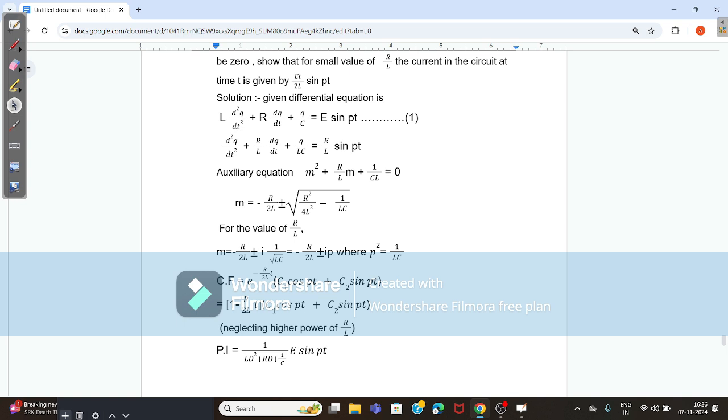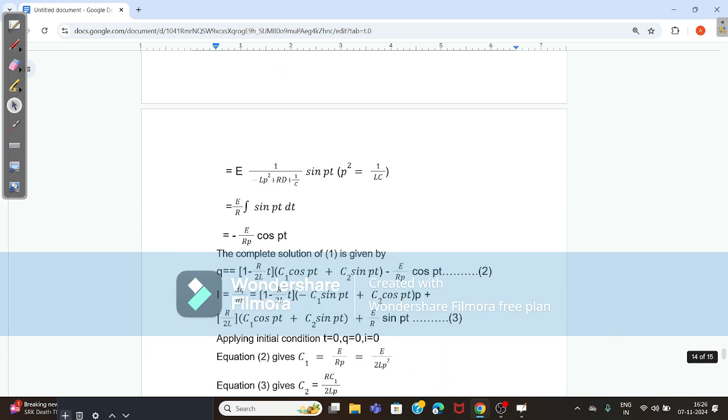CF value is e power minus R by 2L into t times C1 cos pt plus C2 sin pt. Now, neglecting the higher power of R by L, the PI value: for finding the PI value, 1 by LD square plus RD plus 1 by C into E sin pt, which is E by minus Lp square plus RD plus 1 by C sin pt.